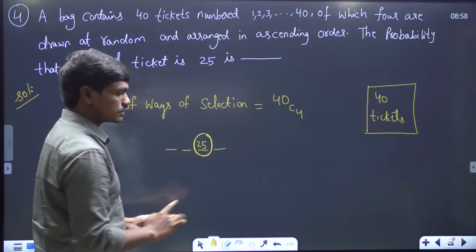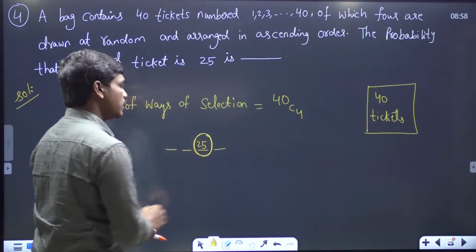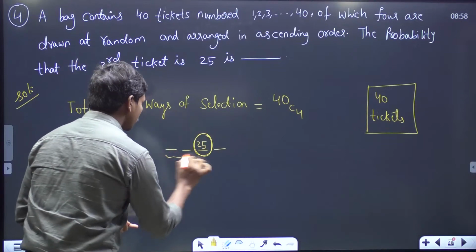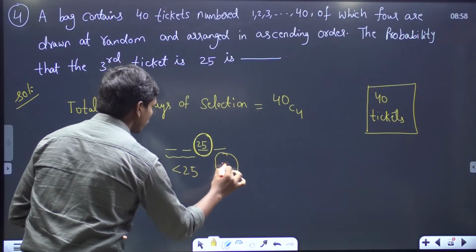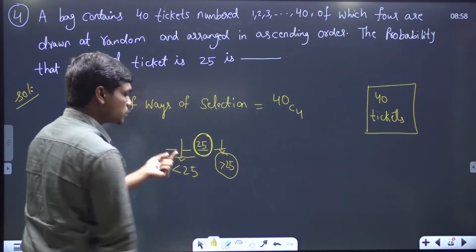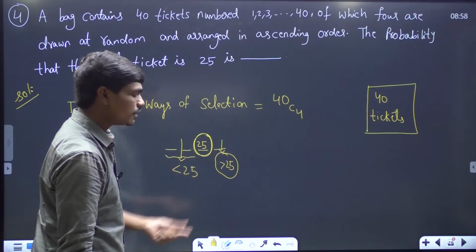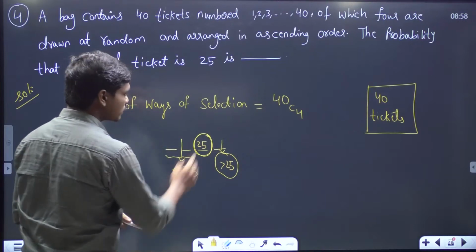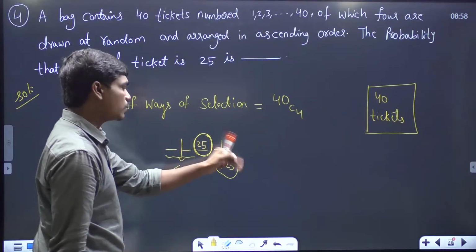When you are selecting 4 tickets and arranging them in ascending order, if the third ticket has to be 25, the first 2 tickets should be less than 25 and the last ticket should be greater than 25. Because we are arranging in ascending order, numbers which are less come to the left and numbers which are higher go towards the right.